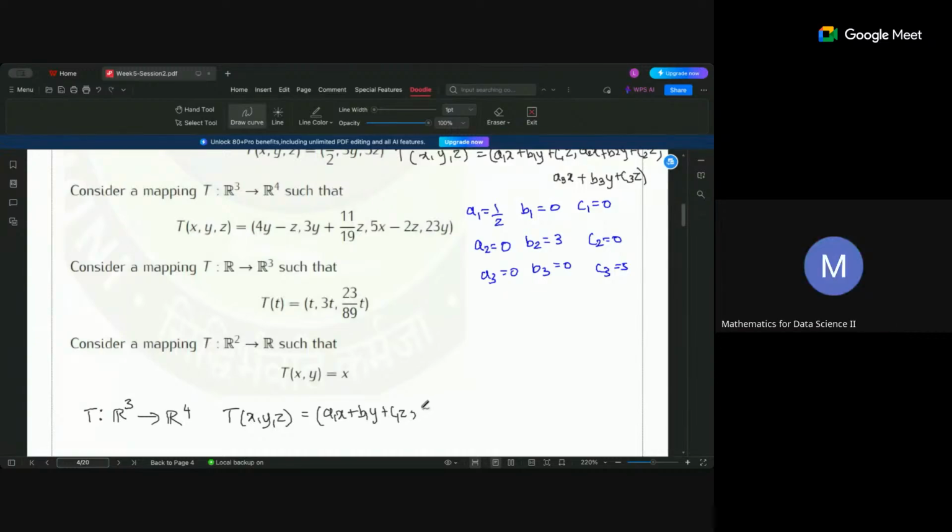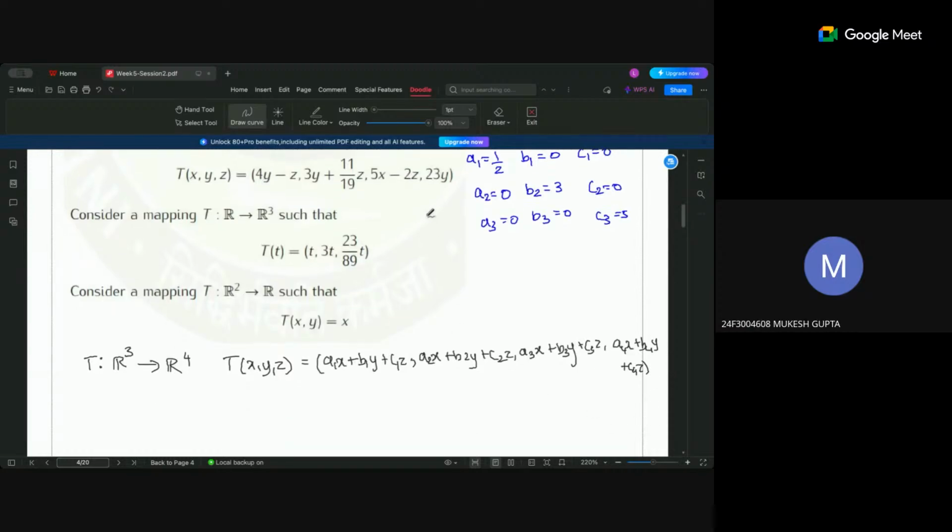Then A2x plus B2y plus C2z, then A3 and A4 will come. So this is y and this is z, and then you have A4x plus B4y plus C4z, right?